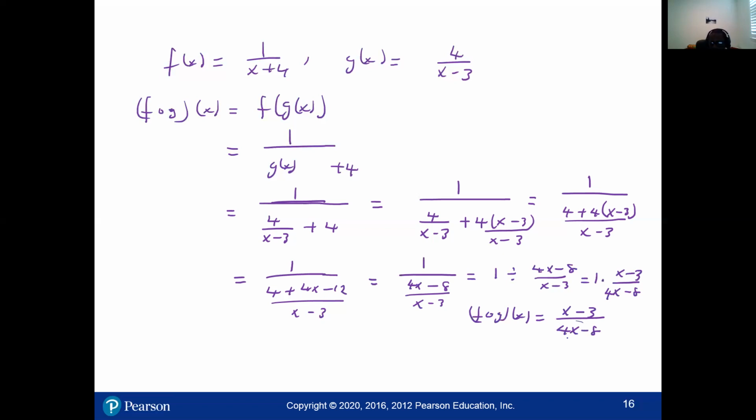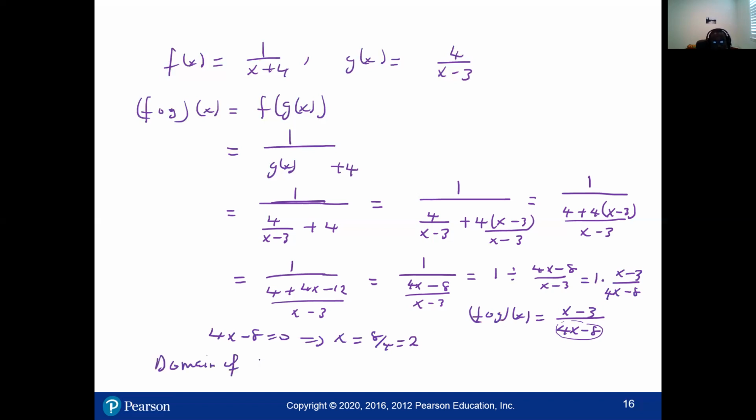You see that we don't want the denominator to be 0. So we take 4x minus 8 equal to 0 and solve for x, and x is equal to 8 over 4, which is 2.